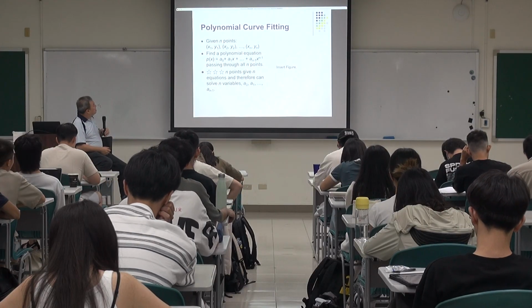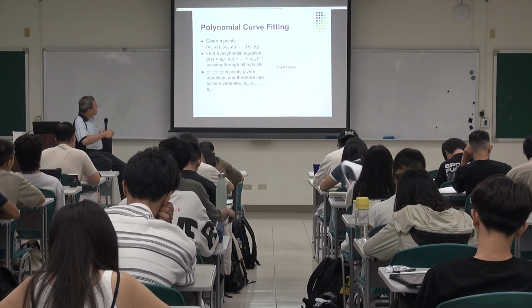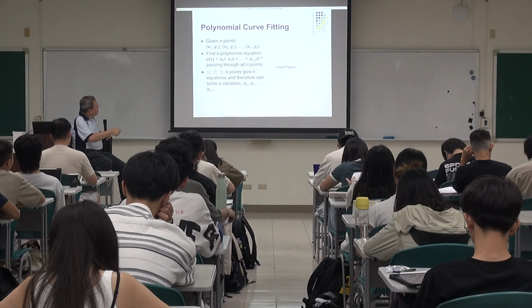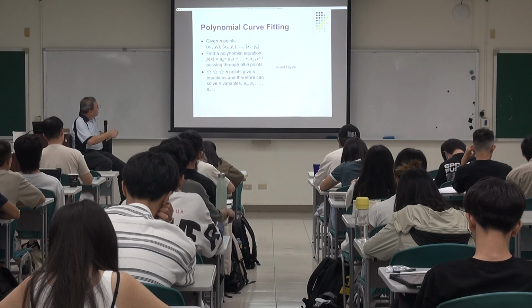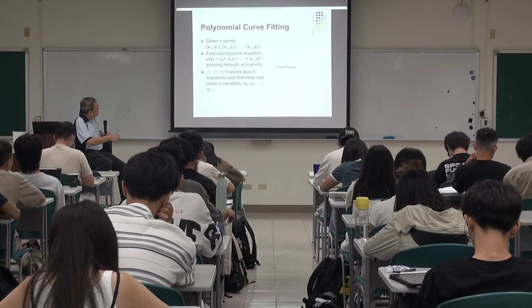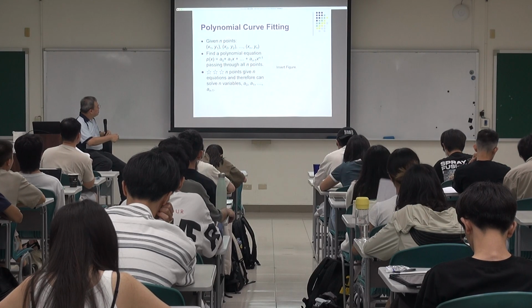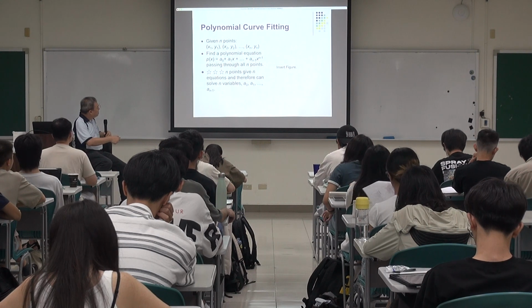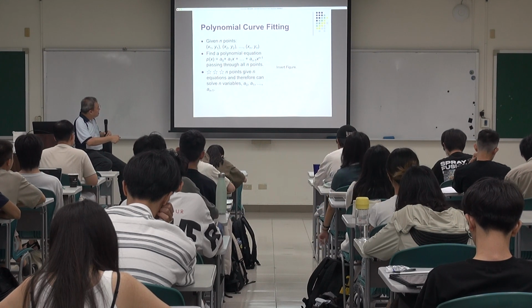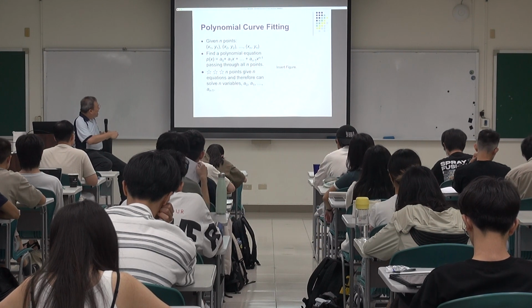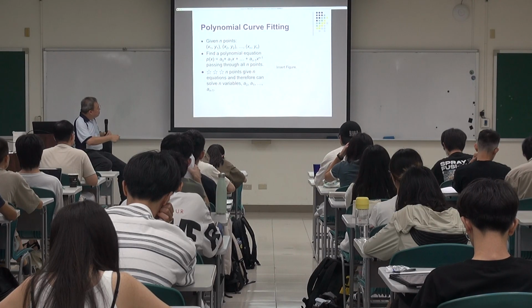So last one, polynomial curve fitting. If you have n points, x1, y1, x2, y2, up to xn, yn, you want to find a polynomial equation p(x) equals a0 plus a1 x plus and so on up to a(n-1) x to the n minus 1, which passes through all these n points.